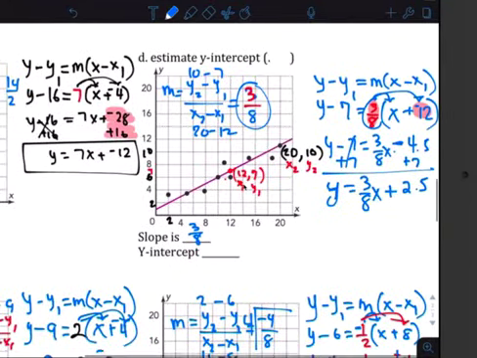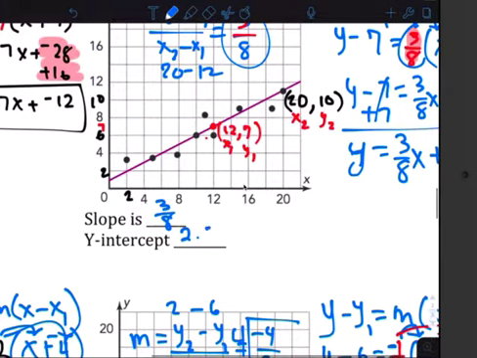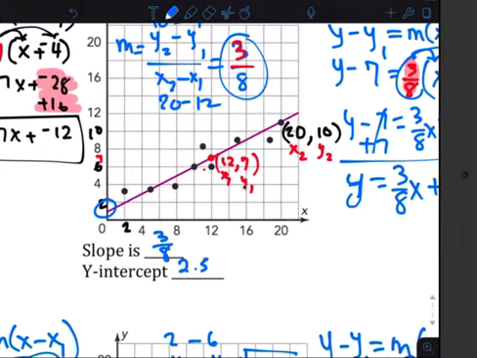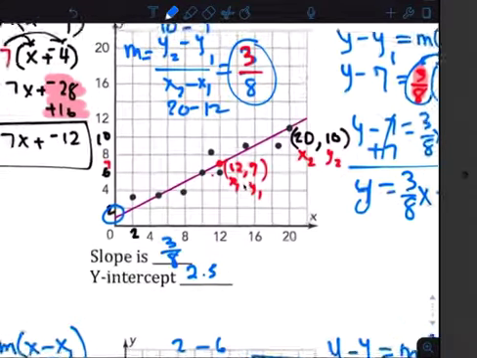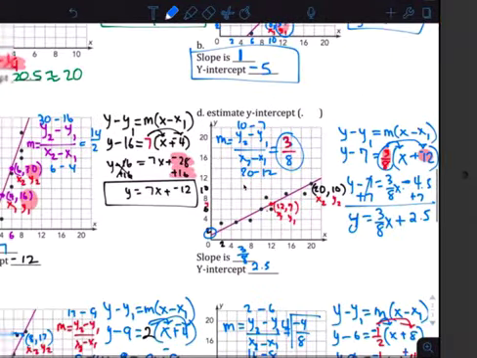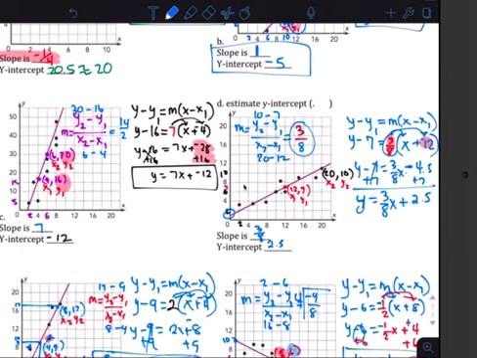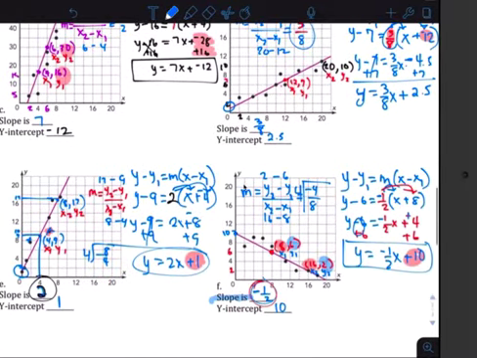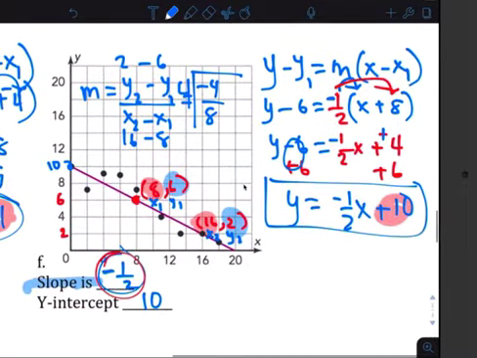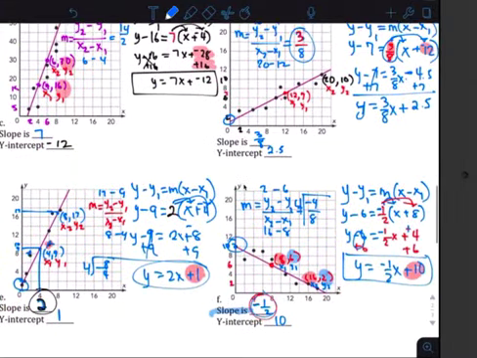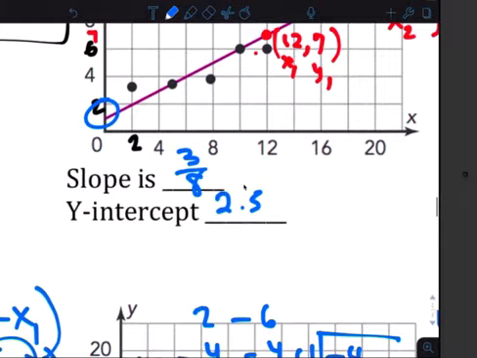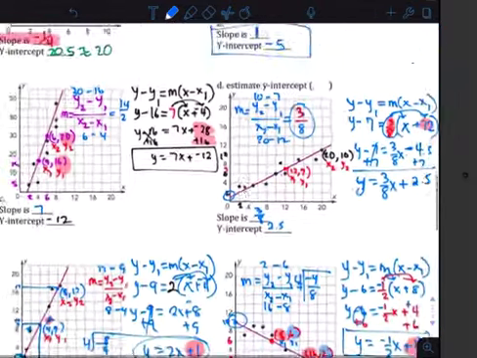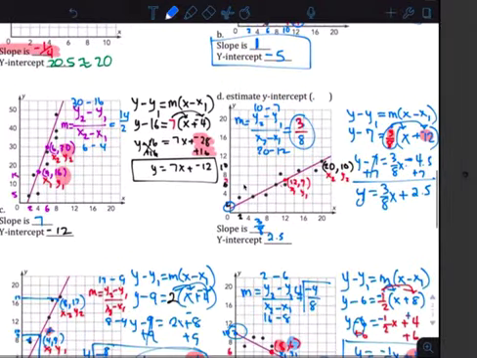And then your y-intercept is 2.5. It looks a little bit off from here, but it's close enough. Not way off, just like here, I was getting the answer of 2 and my y-intercept somewhere here. Okay, if it's close enough, within 2 or 3, you're good. Okay, so that's how you do that.